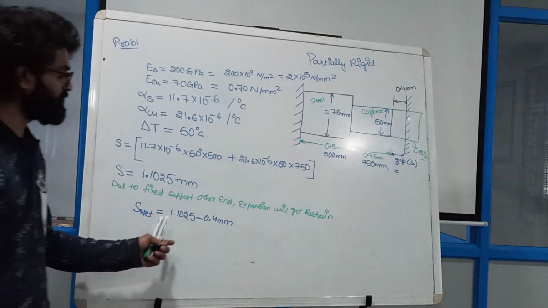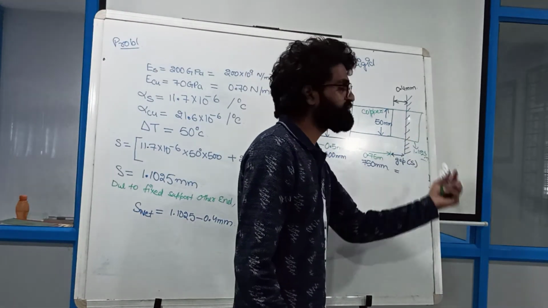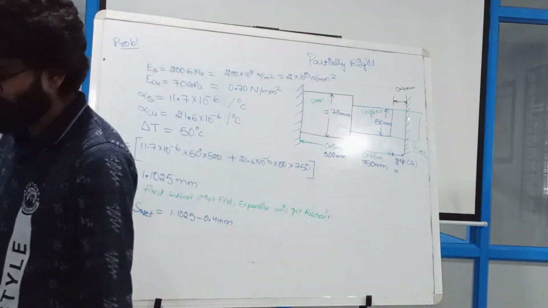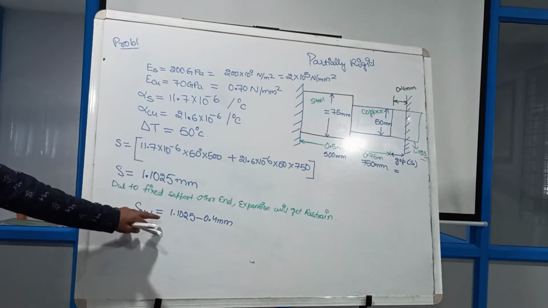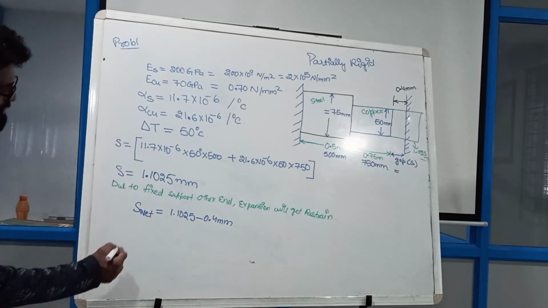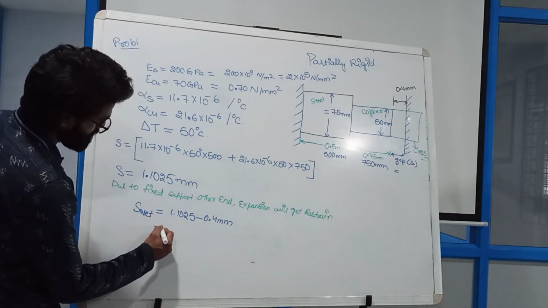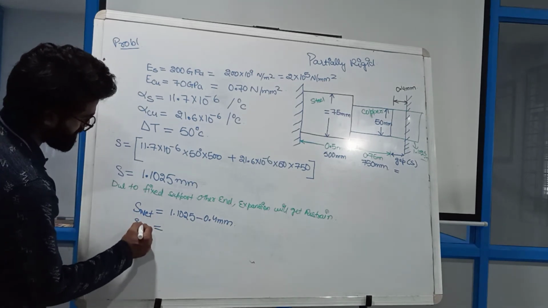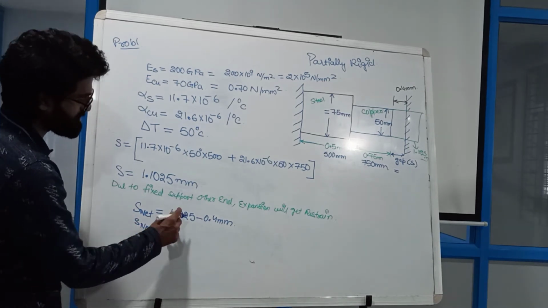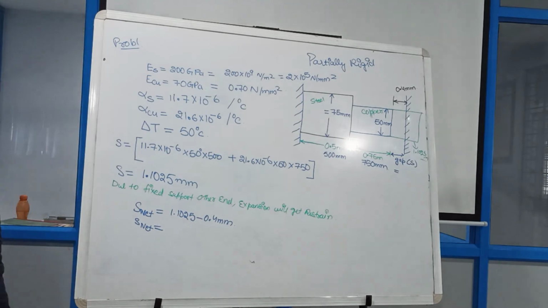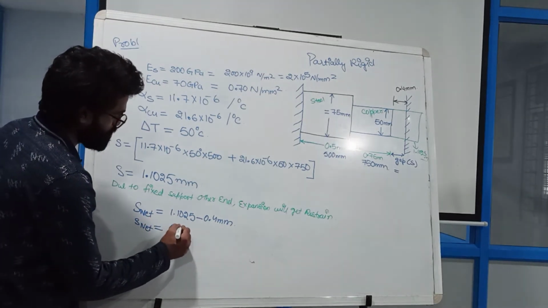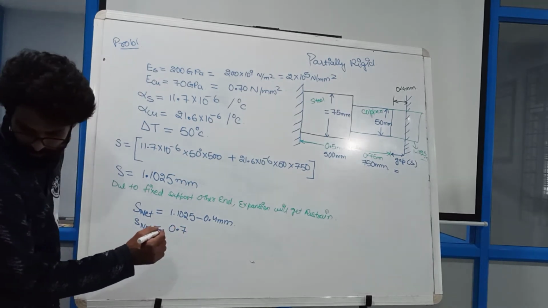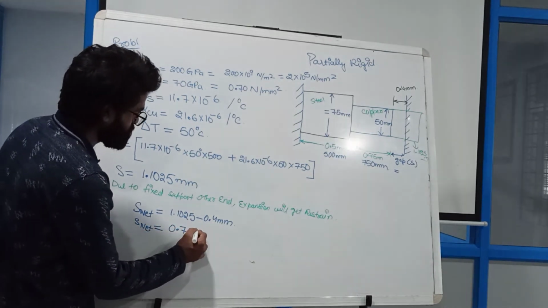So this will be 0.04 mm, it will stay up to there only, it cannot move after this. So let us say now delta net is equal to, how much am I going to get if I solve this? I am going to get from here 0.77025.